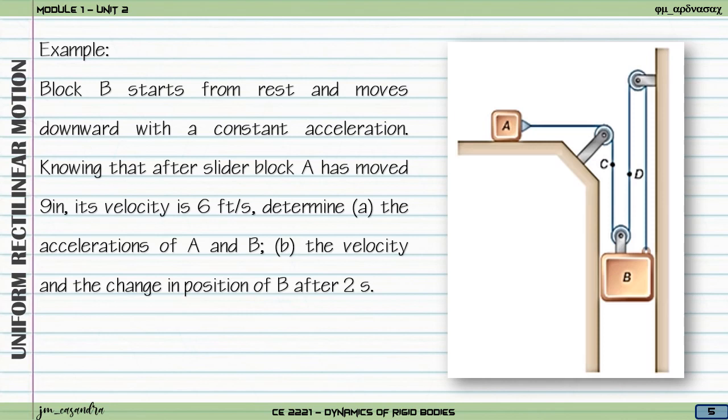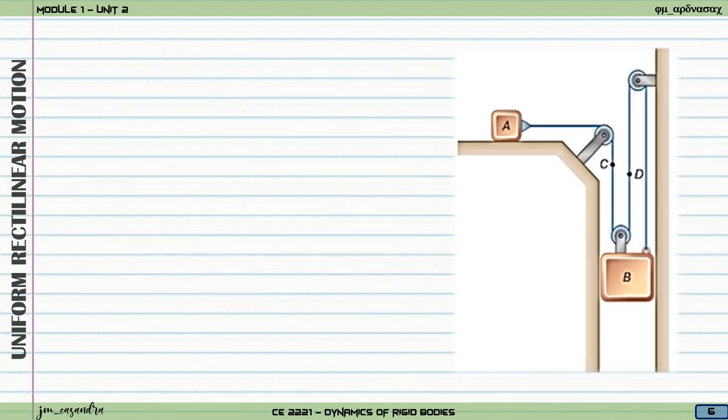Determine the accelerations of A and B, the velocity, and the change in position of B after 2 seconds. So for our required, we want to solve for the accelerations of the two blocks, and then the speed and the displacement of block B at the instant time, 2 seconds.